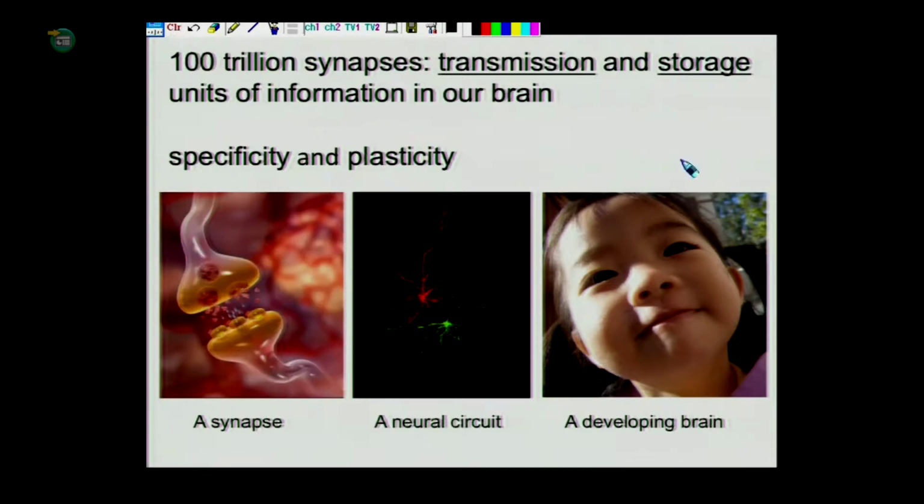In the human brain, we have about 100 trillion synapses. Billion is 10 to the 9th, trillion is 10 to the 12th, so 100 trillion will be 10 to the 15th. Very big number. A lot more than the GDP of Japan.